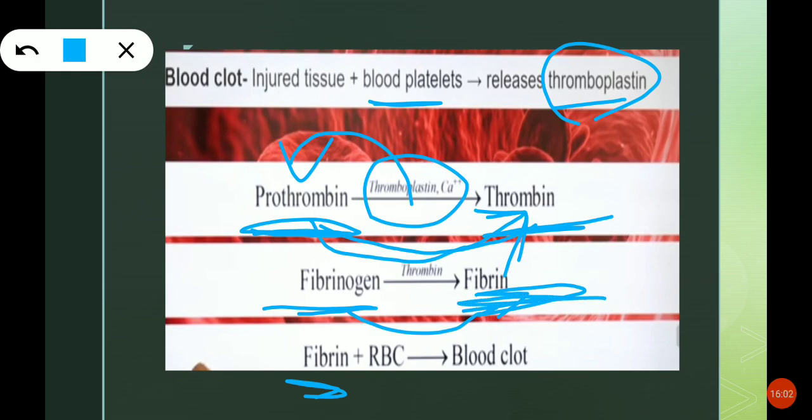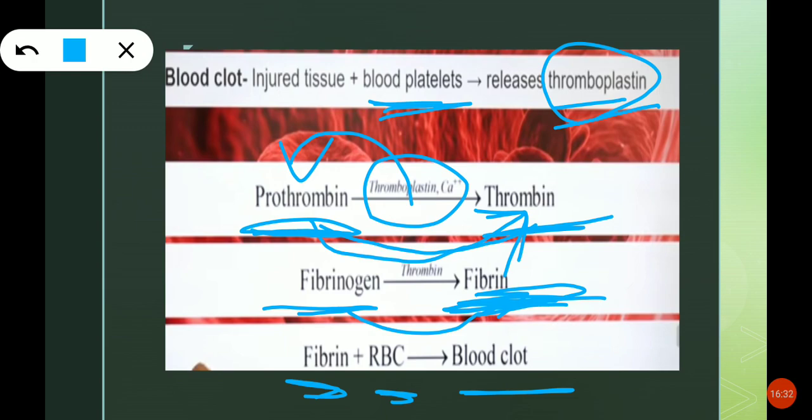By that time the blood starts bleeding. Then after a while, because fibrin forms, the RBCs get stuck in that fibrin, and the blood clot is formed. So this is the process of blood clotting. Because of blood platelets, thromboplastin is present.